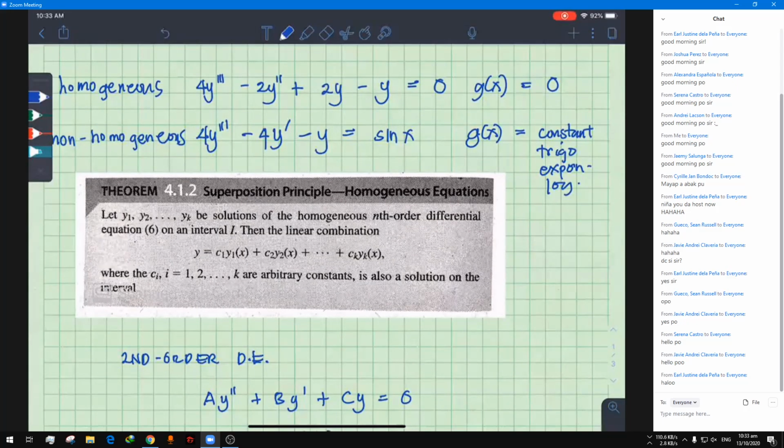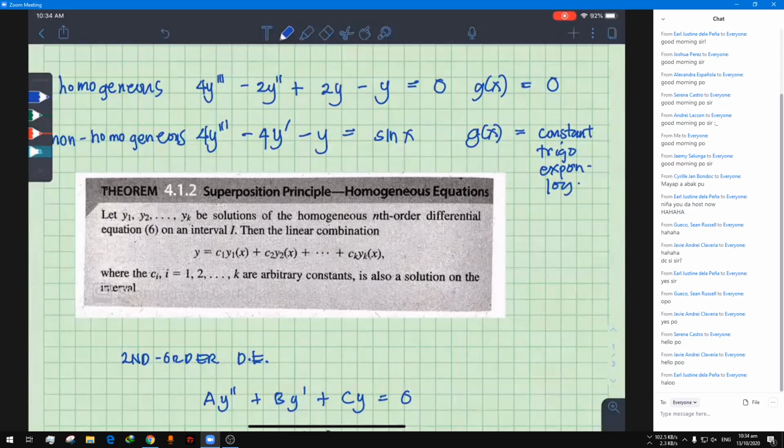The solution of the homogeneous nth-order differential equation is a linear combination of the solutions. For example, y1 of x is the first solution, y2 of x is the second solution, and yk of x is the kth solution. If you add them up, forming the general solution, that general solution is a solution of the differential equation.